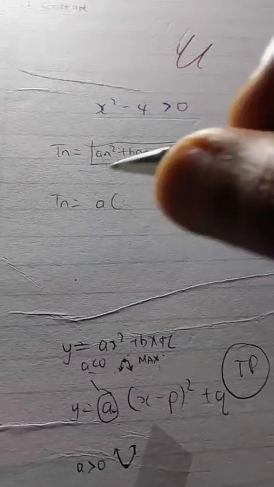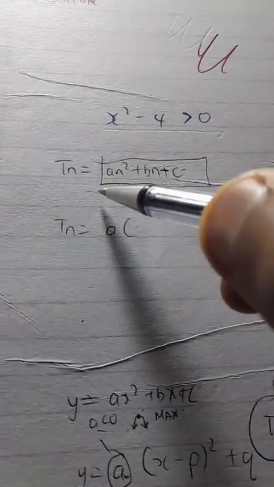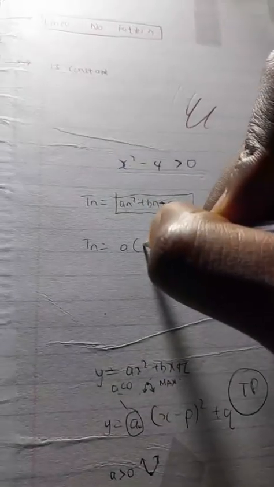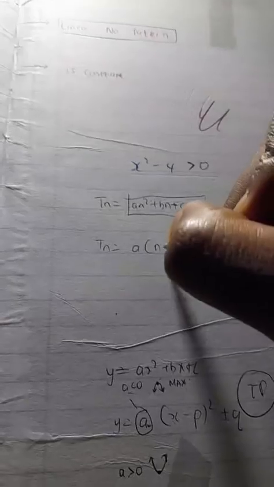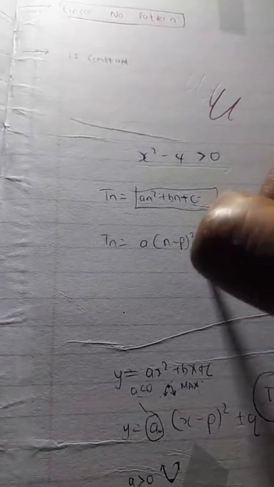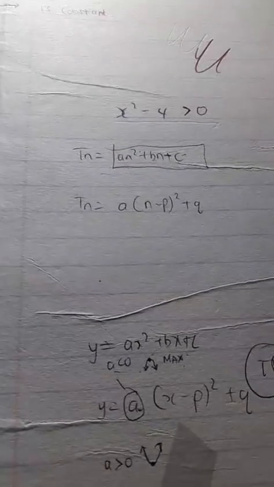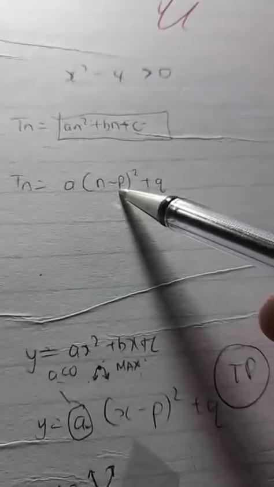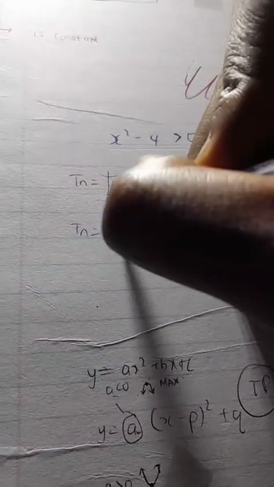In the same sort of nature, the general term for a quadratic number pattern exhibits the same form: a(n - p)² + q. This is very important, right? This a tells us something about the shape.